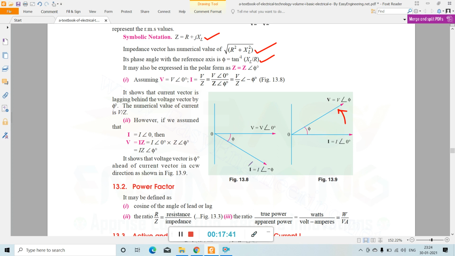And in this vector diagram, the current vector is lagging behind the voltage vector by phi degrees, in the clockwise direction. So up to this much you understood about AC through a series RL circuit.